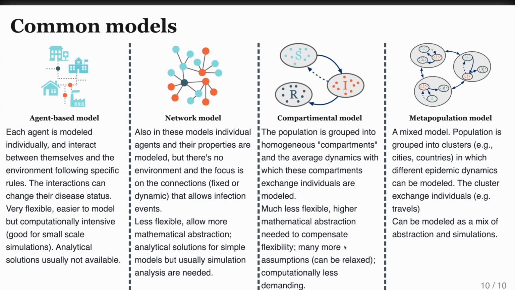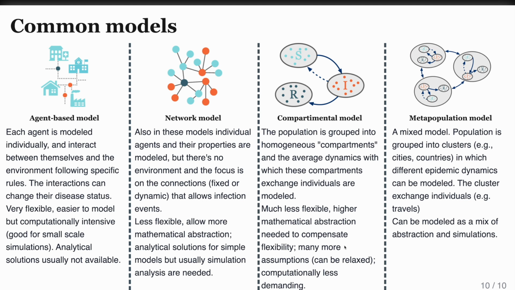Another kind of model that more or less joins all of them is the so-called metapopulation model, in which you can have models of different types that work together to cover different aspects of the phenomenon. For example, it's very common to use metapopulation models for diseases that move between cities.